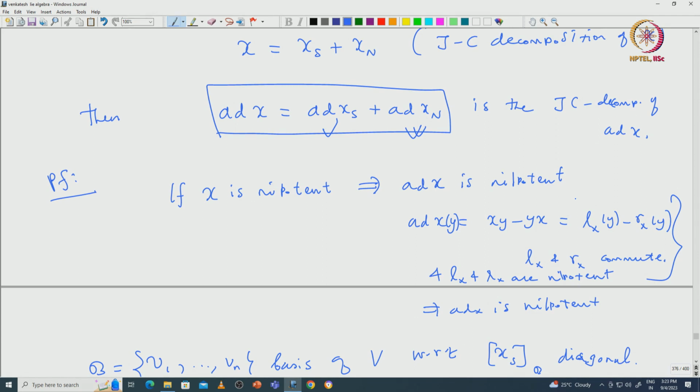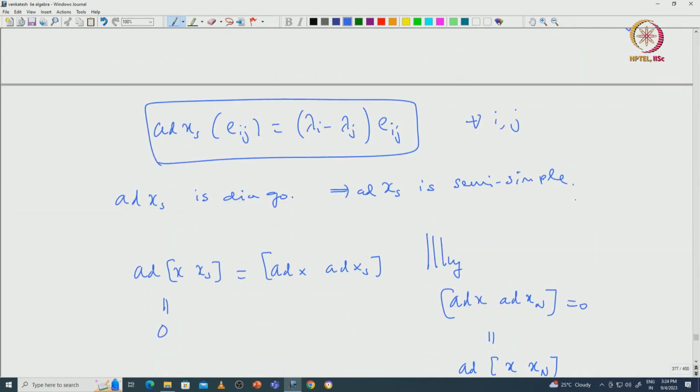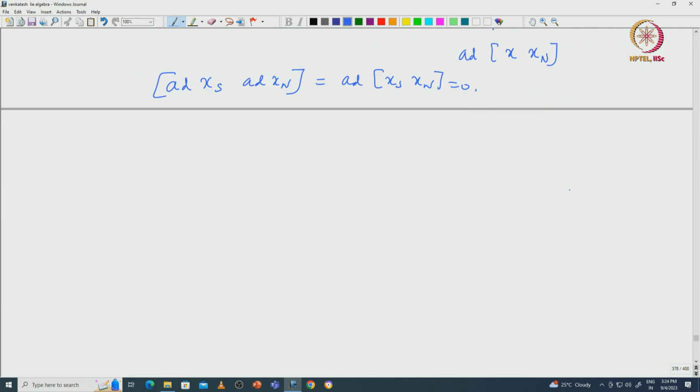It is enough to prove it for ad x_s, because ad x_n is nothing but ad x minus ad x_s. To prove the third part, the claim is there exists p(z) inside C[z] such that p(ad x) is nothing but ad x_s.